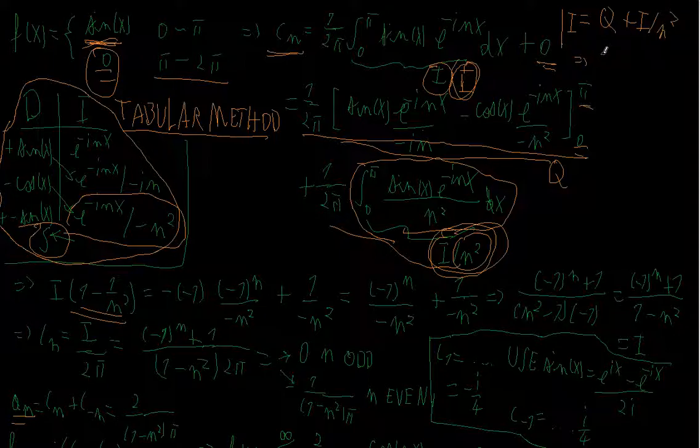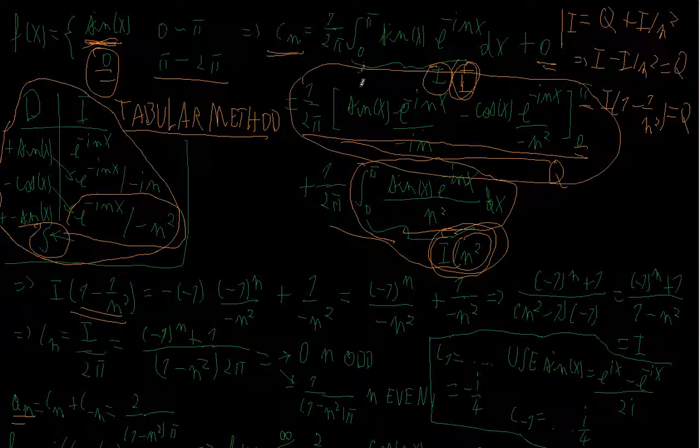So now I can take this I over n squared to the other side, and so I can factor out the big I, which is my original integral, which is equal to Q. This Q is this stuff here. Okay, I can multiply by 2 pi here, here, and here, on both sides to eliminate these 2 pi's.